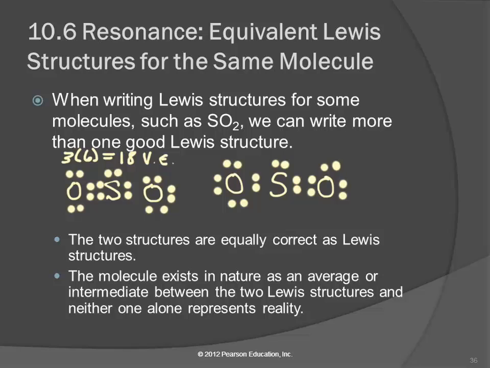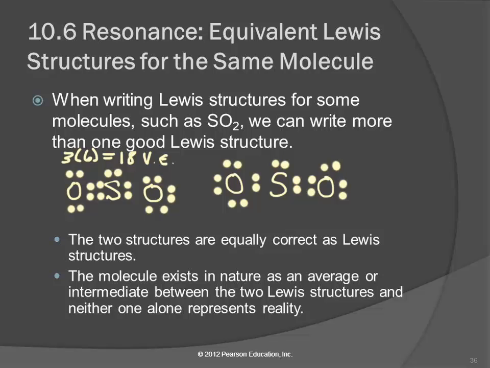The sulfur is bonded to 2 oxygen atoms, and with our Lewis structures, one gets a double bond and the other doesn't. So the 2 structures are equally correct as Lewis structures. But neither of them really represents the way the molecule is in nature. The molecule actually exists as an average or an intermediate between those 2 structures.